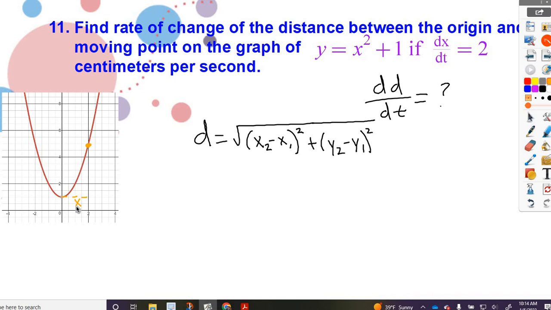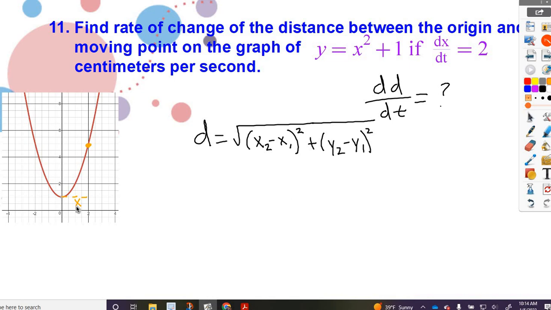Because it's the change from the origin. Or like you were saying, if I use the origin as my second point, then it would just be x minus 0. So I just end up with x. Does that make sense?